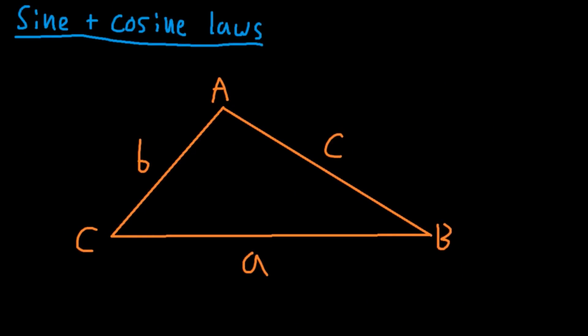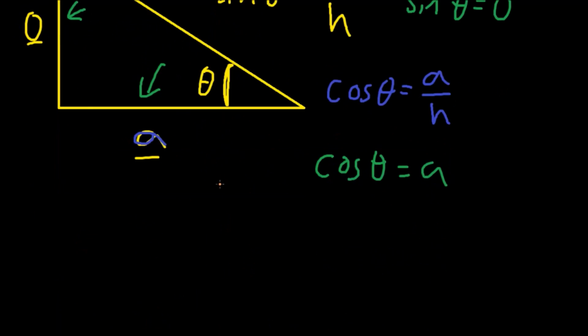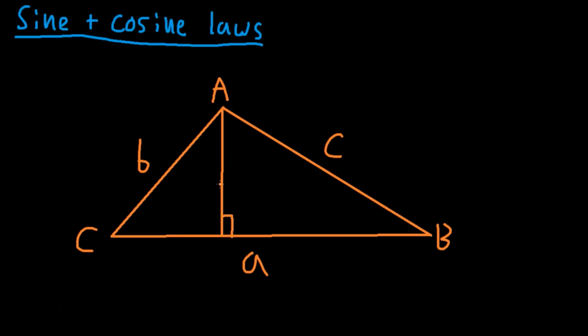First thing we're going to want to do is create a perpendicular to side A coming from angle A. Now, once we have this perpendicular, we can start to use those two trigonometric functions that we have defined.